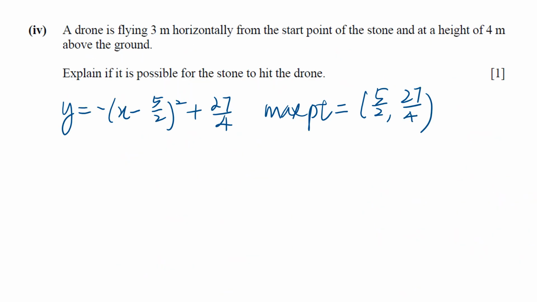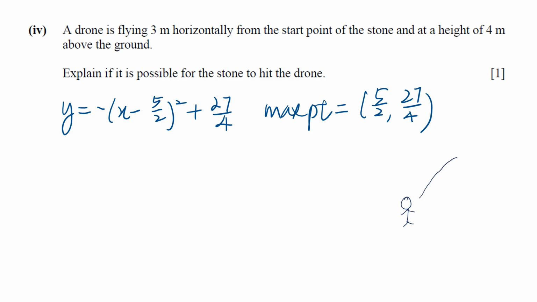Right, so what this is saying is that we have a drone flying 3 meters horizontally from the start point of the stone at a height of 4 meters above the ground. Explain if it's possible for the stone to hit the drone. If you look at the initial diagram again, I can do better than that. Let me draw it properly.